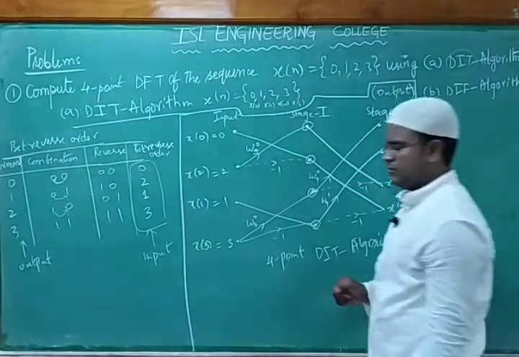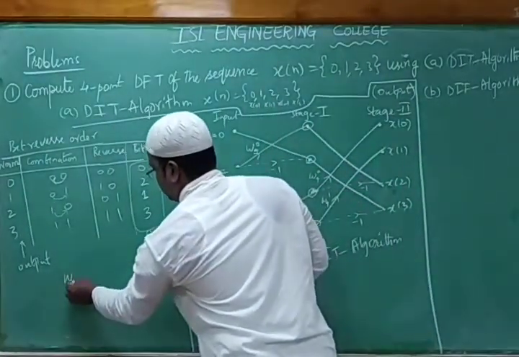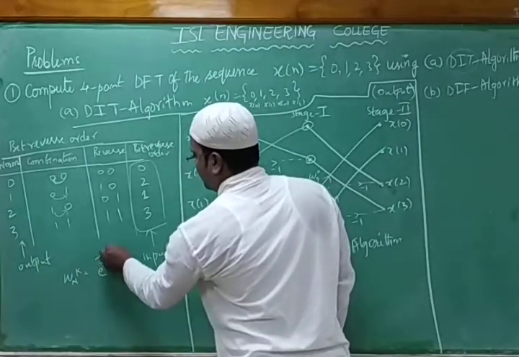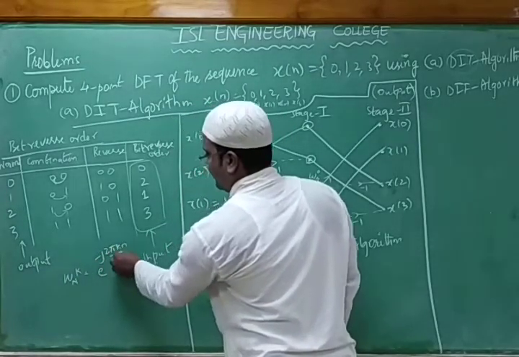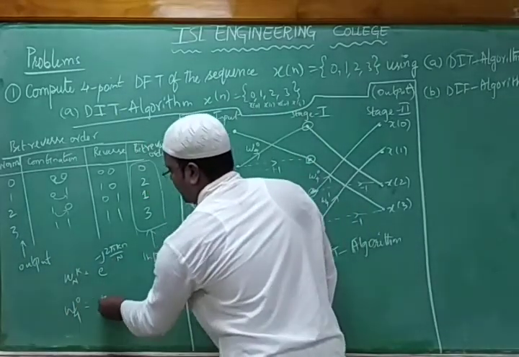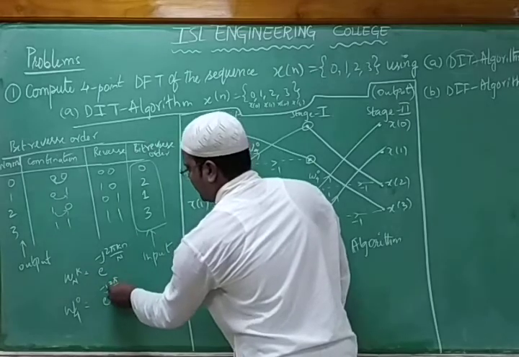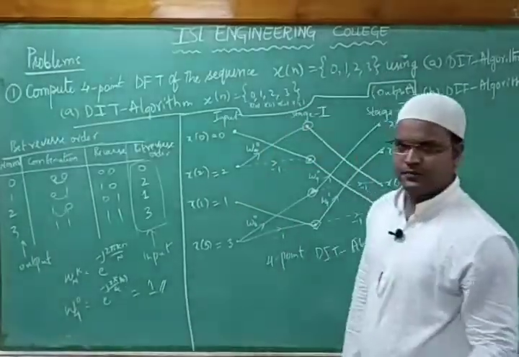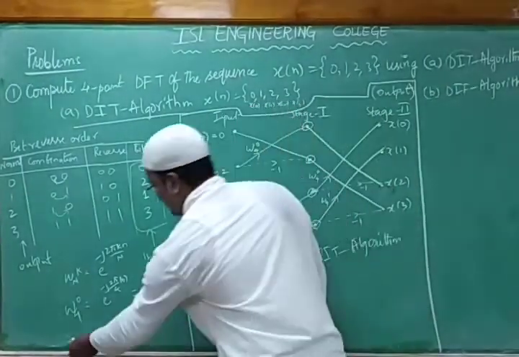That value I'll find out. What is Wn of k? Wn of k is nothing but e power minus j 2 pi kn by n, right? So here we have W4 of 0, e power minus j 2 pi by 4 of 0, nothing but 1, because e power 0 will be 1. Likewise I'll find the second value.